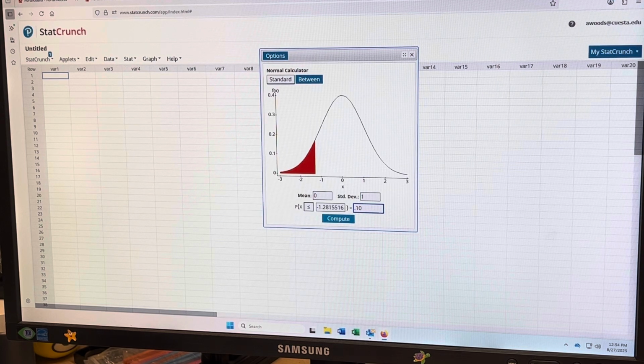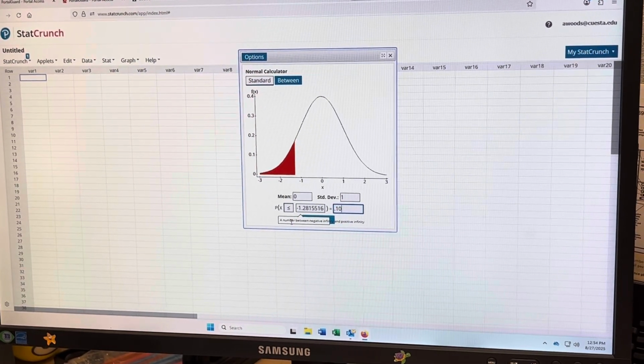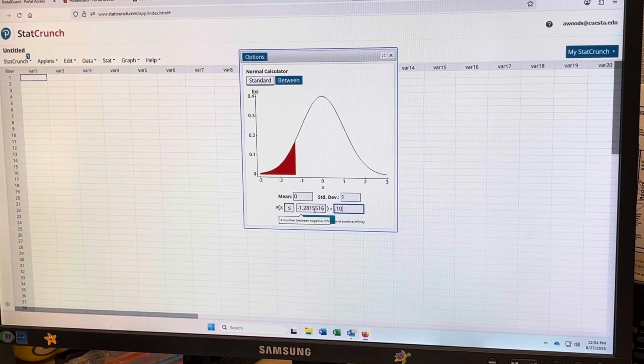And then if you click enter, the z-score pops up in its box. So we've got negative 1.28 for our z-score. Again, we put the area in for the answer, and then the z-score pops out in the box before.